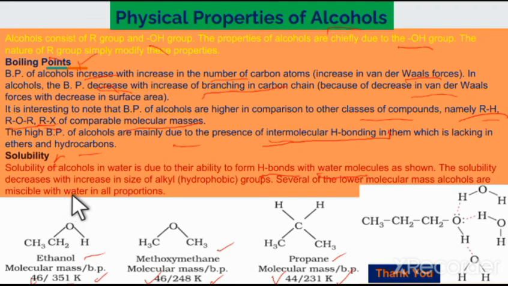So the solubility increases, and at the same time the solubility decreases with increasing size of the alkyl group. If the size of the alkyl group increases, the solubility decreases, because the hydrophobic nature increases. Several of the lower molecular mass alcohols are miscible with water in all proportions.